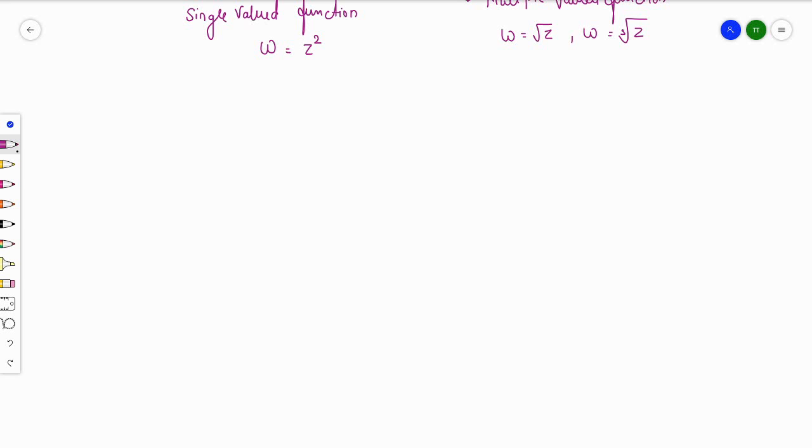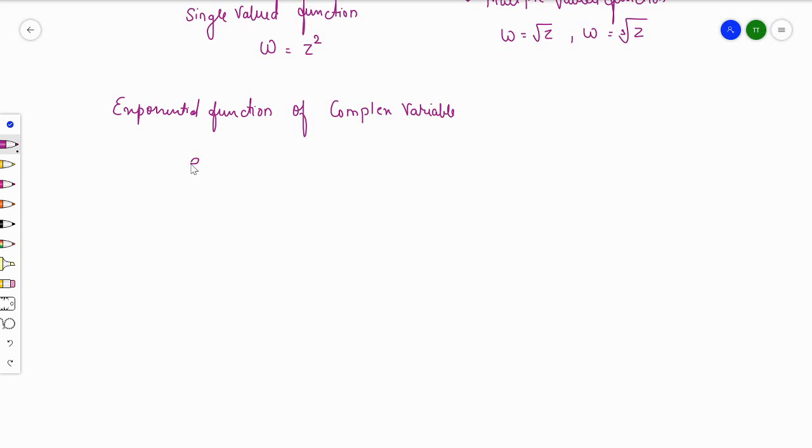Okay, now we will understand the exponential function of a complex variable. Okay, so let's see. We are already familiar with the exponential function when x is a real number.